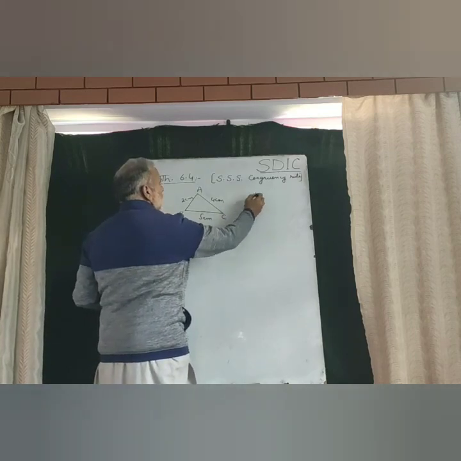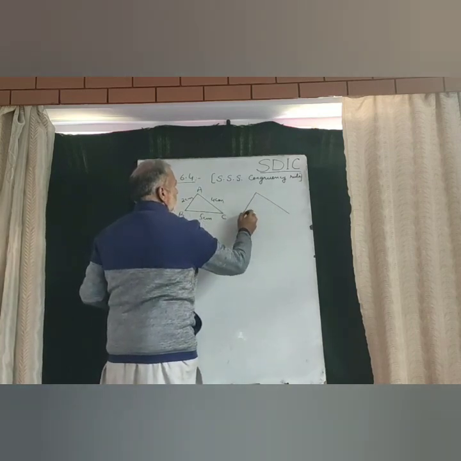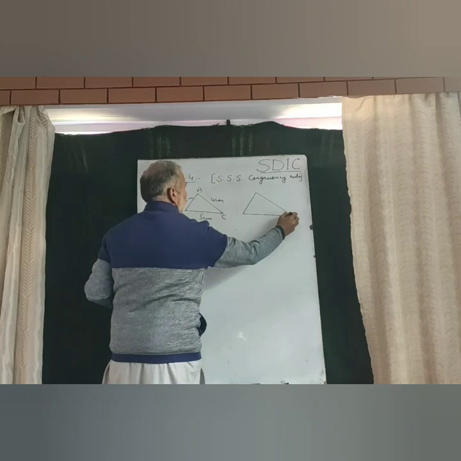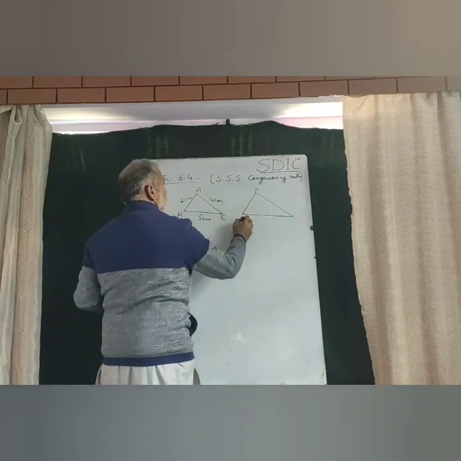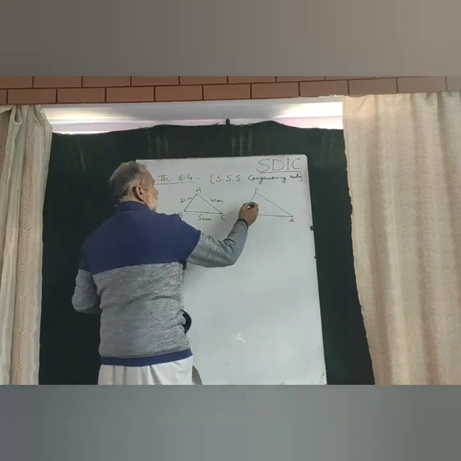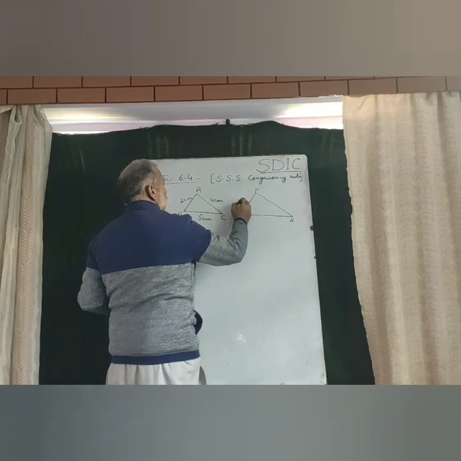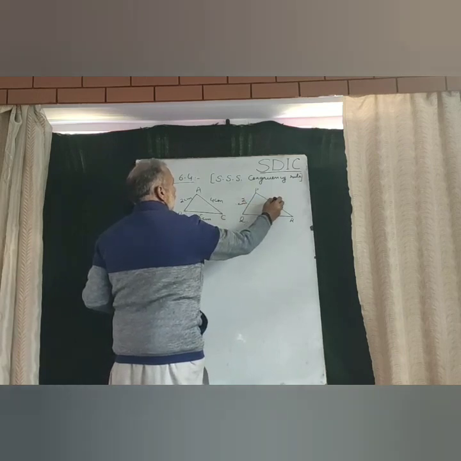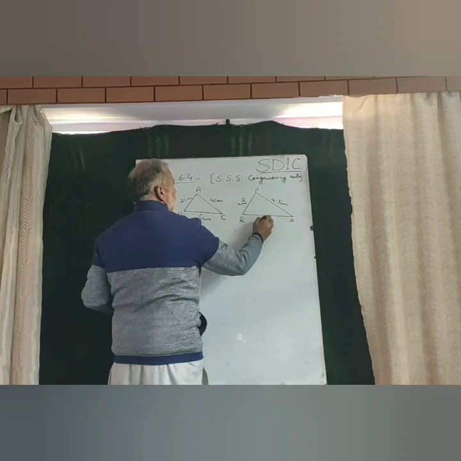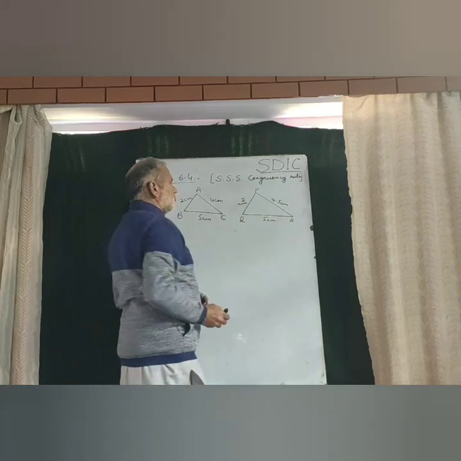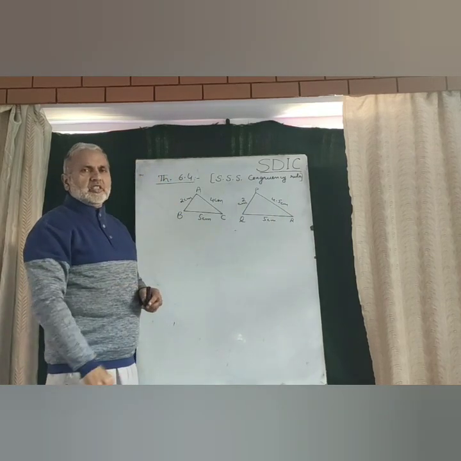Another triangle, suppose we have PQR, and in this the measurements are 2 centimeter, 4.5 centimeter, 5 centimeter. So what do we find?